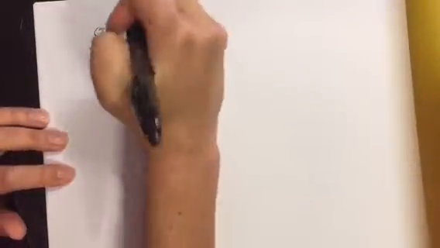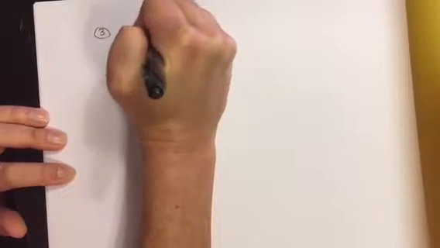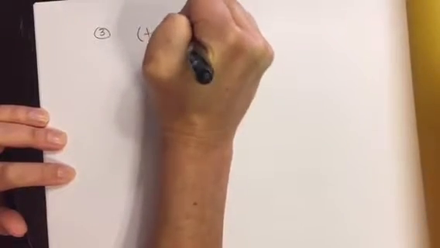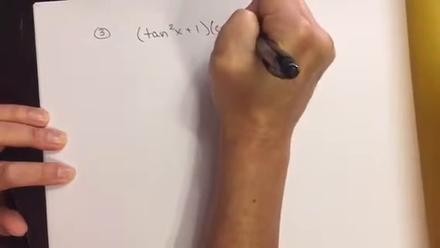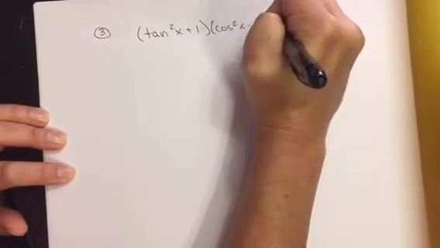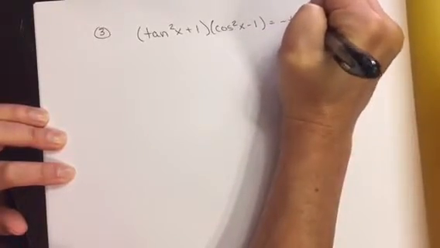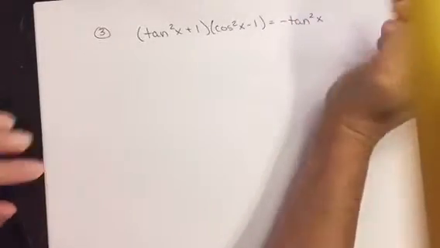Next example problem here. So example 3. For this one, I'm going to verify the identity tangent squared x plus 1 times cosine squared x minus 1 equals negative tangent squared x.